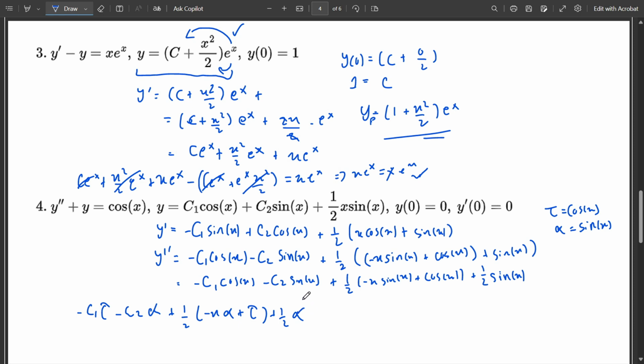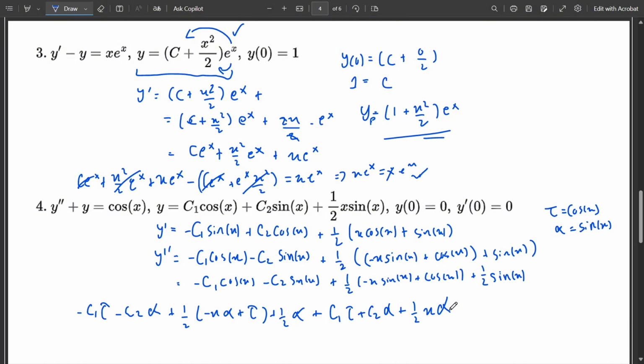Okay, and we have plus y. y is c1 tau and plus, let's say that, c1 tau and plus c2 alpha and plus a half x alpha.